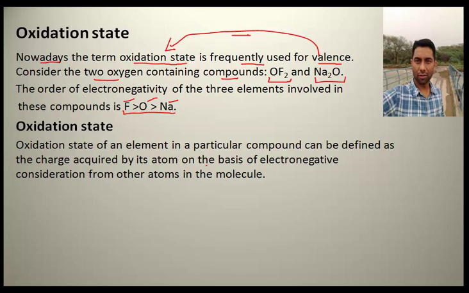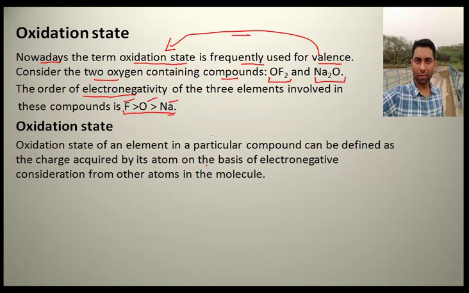And if we relate their electronegativity that we discussed in the previous video, electronegativity is the tendency of an atom of an element to attract the shared pair of electrons towards itself in a covalent molecule. So now fluorine is most electronegative, then oxygen, and then sodium. This is the trend as per these two compounds.